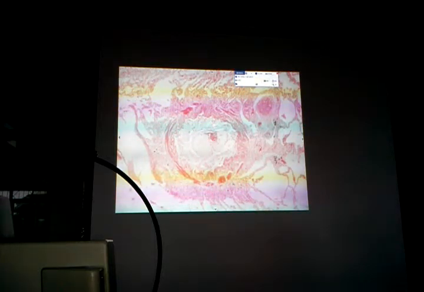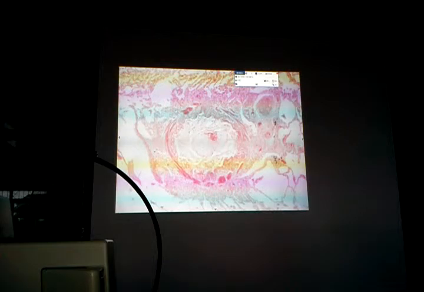Mucus. And then how will you describe the thickness of the wall of the bronchioles? Increased thickness or decreased thickness? Increased. What is the cause of the increased thickness? What type of hypersensitivity reaction is involved in asthma?